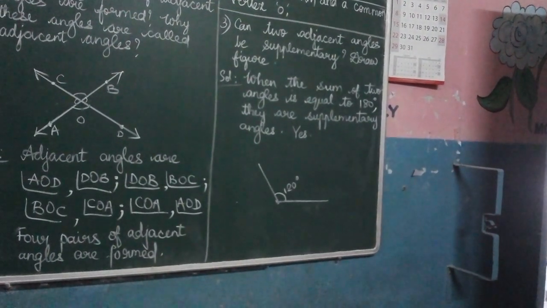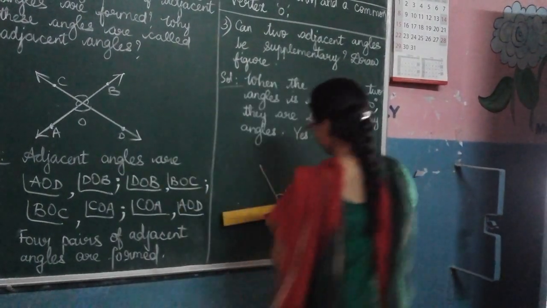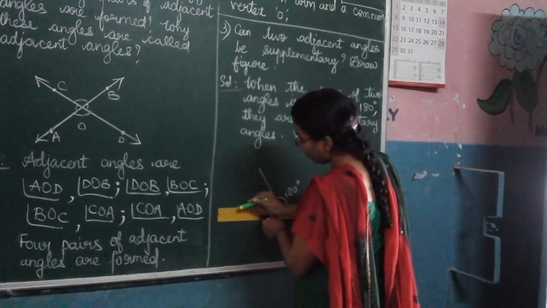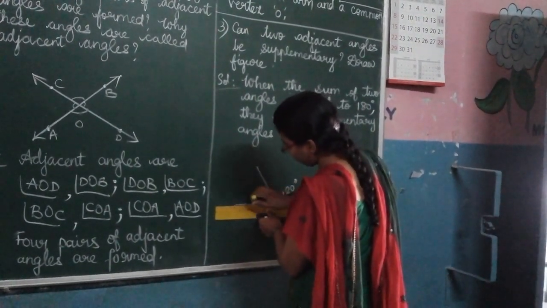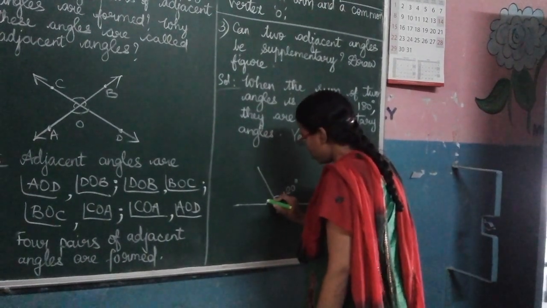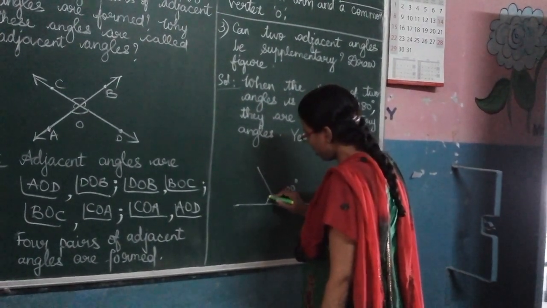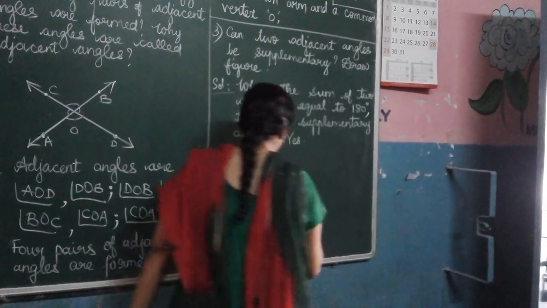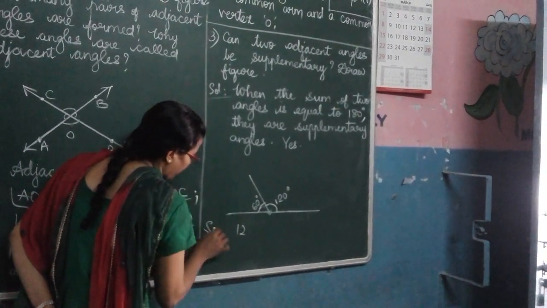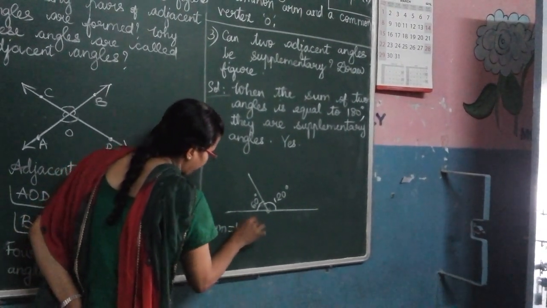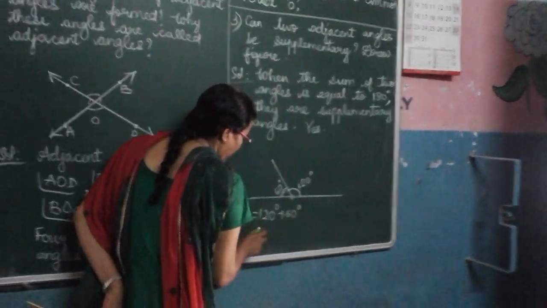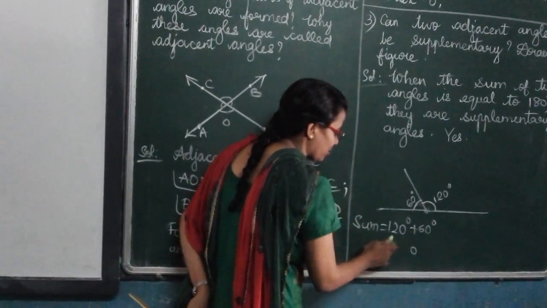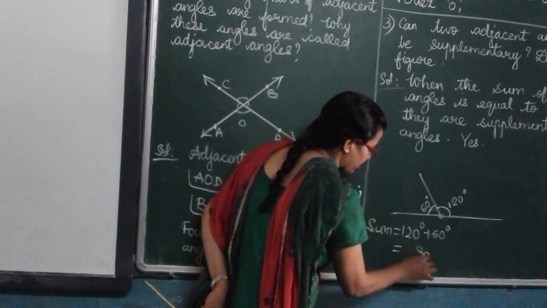Now use your scale and join the line. So this is 60 degrees. Here you can see the sum we are finding out. Sum is equal to 120 degrees plus 60 degrees. 0 plus 0 is 0, 6 plus 2 tens place is 8.